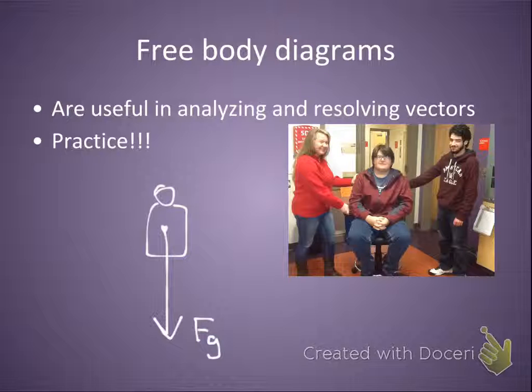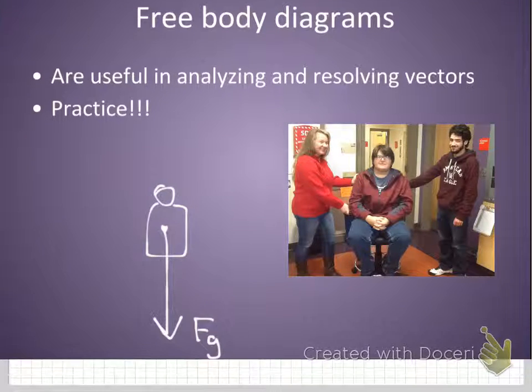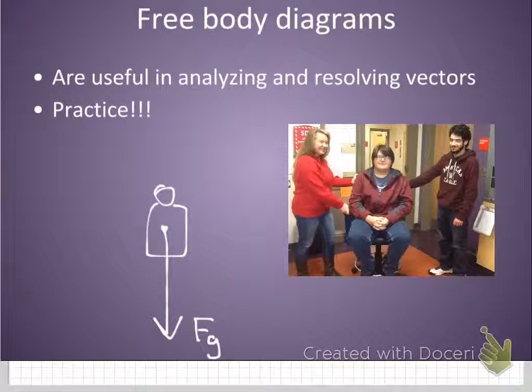Now, if there was nothing else acting on Zach, he would be falling down towards the center of the earth at an alarming rate. Zach, do you feel like you're falling towards the center of the earth at an alarming rate? Not yet.